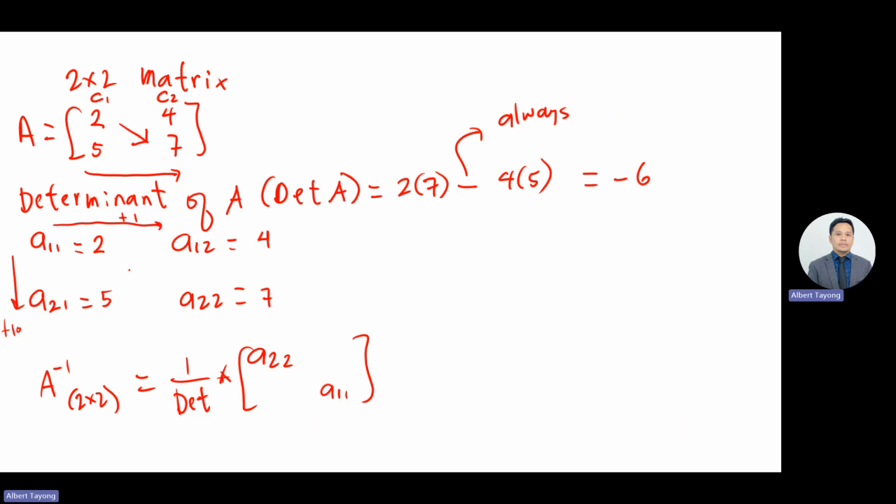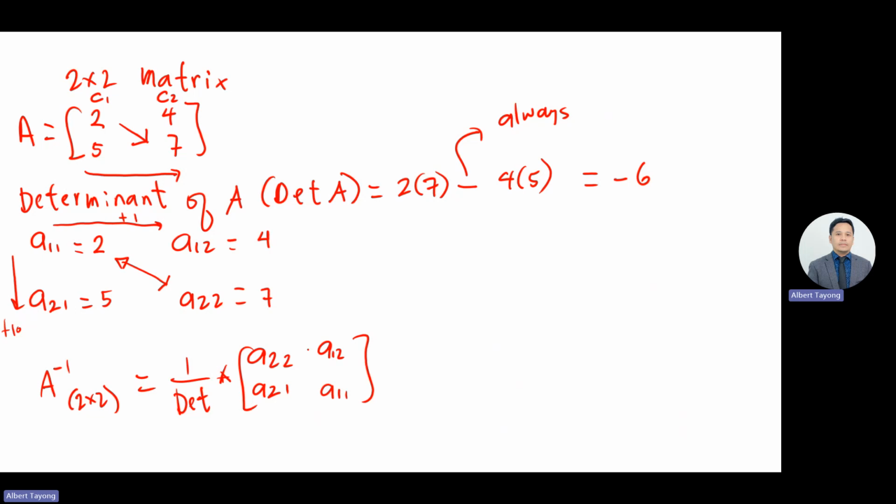So basically we have to swap the left diagonal, because we're getting the inverse. So 2 and 7 will be swapped, and 4 and 5 will be in the same position. Here we have A sub 12, and here A sub 21.